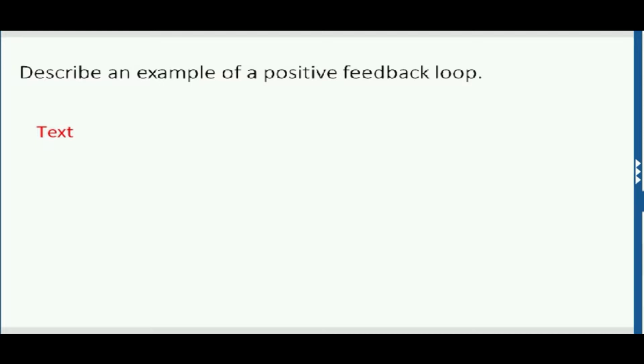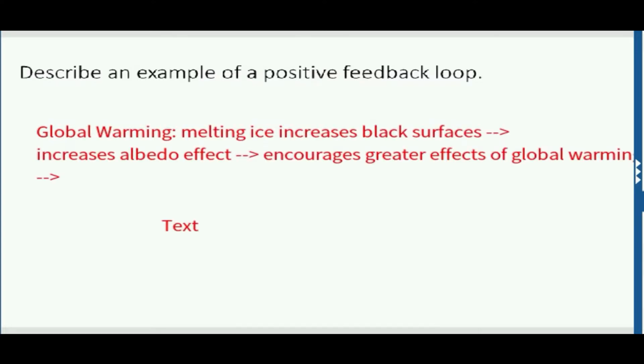That increases black surfaces, which then increases albedo, which then encourages more global warming, which then increases black surfaces, which then increases the albedo, and on and on. So that's what they consider a positive feedback loop.